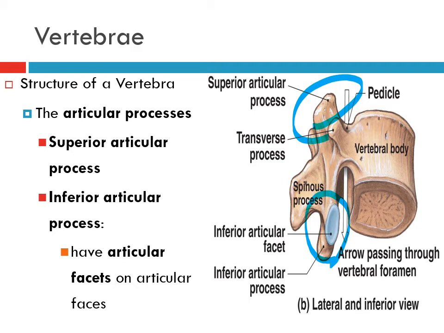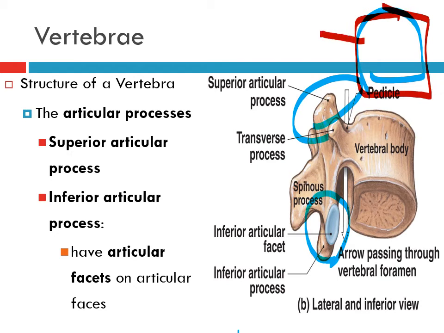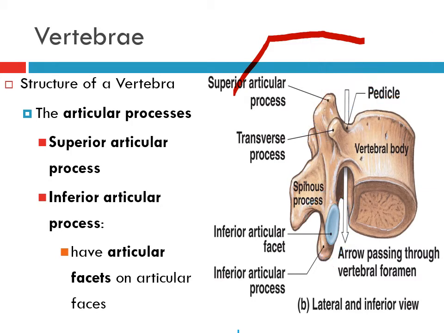There would be another vertebra here, and here's the spinous process. So the inferior articular process of the superior vertebra would come down and articulate with the superior articular process of the inferior vertebra. Try to get all those words straight in your head.